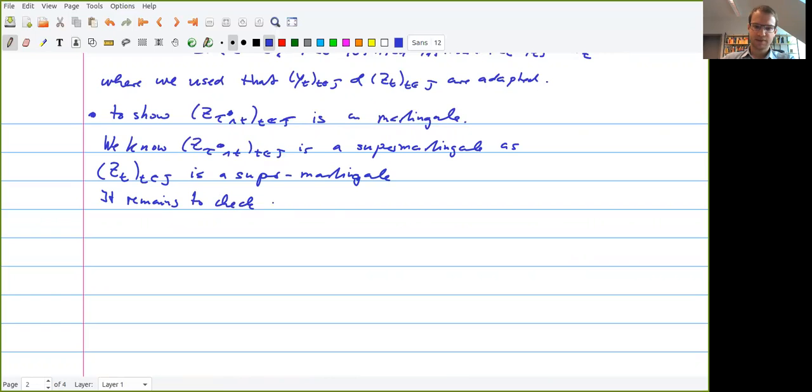So if I consider the conditional expectation of the process Z at time t plus 1, now stopped with respect to tau star, conditioned on the filtration at time t, this should be nothing else than Z at time t minimum tau star.